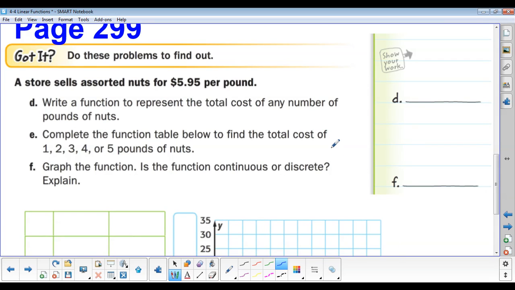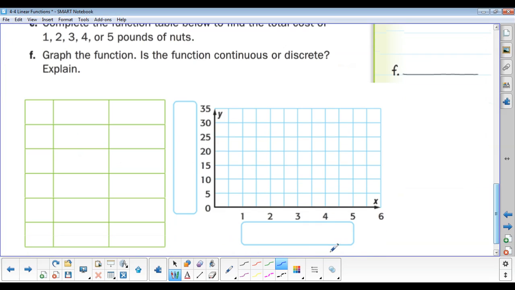We have that a store sells assorted nuts for $5.95 per pound. To figure out our independent and dependent variables, we know to look around our "per." The unit in front is our y, the unit behind is our x. So I know that x is the number of pounds of nuts and the total cost is our y.